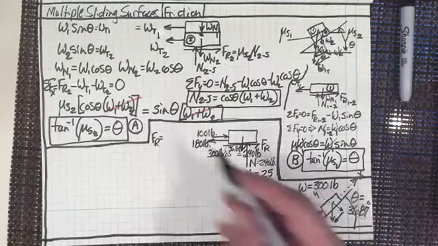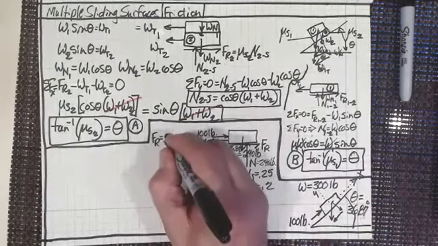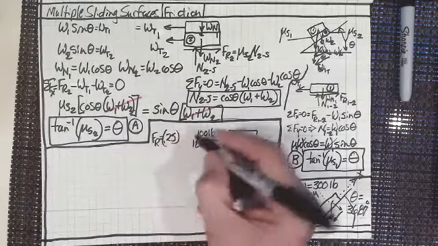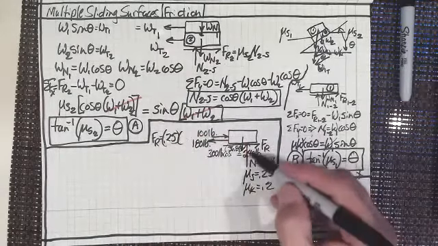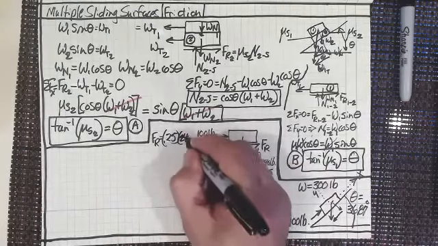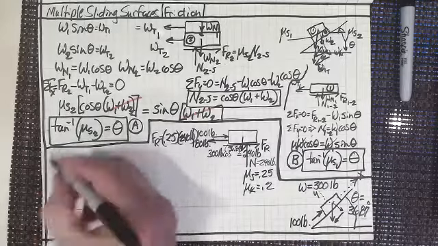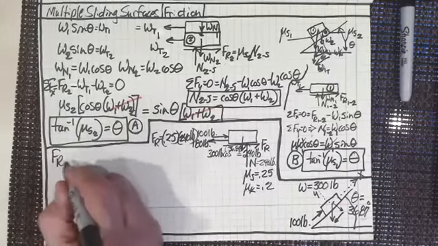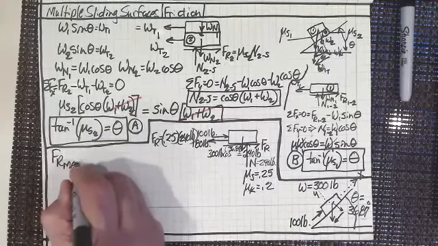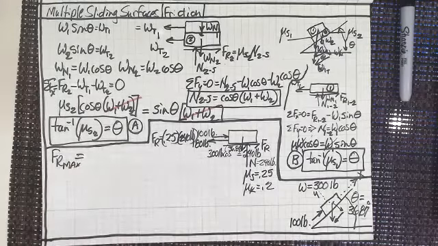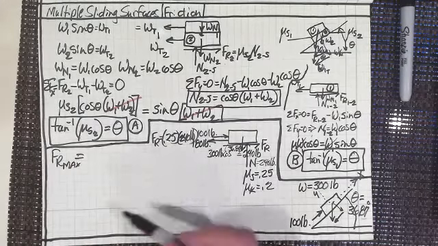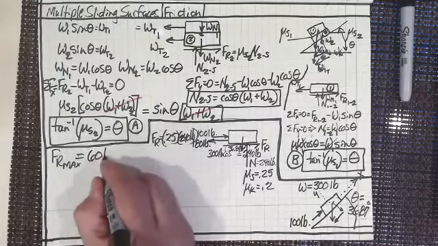So we can figure it out. It's going to be 0.25 times the force, 240 pounds. So F sub r max can only be 1/4 of 240, or 60 pounds.